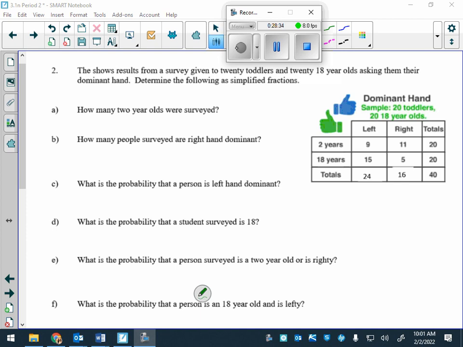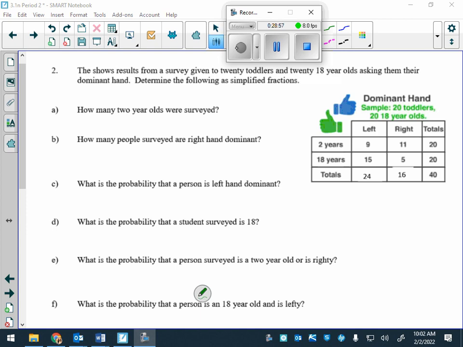Because it's double counted again. So anytime you see "or" in the two-way table, you have to subtract if there's any sort of overlap, where they're both occurring, the intersection. Does that make sense?